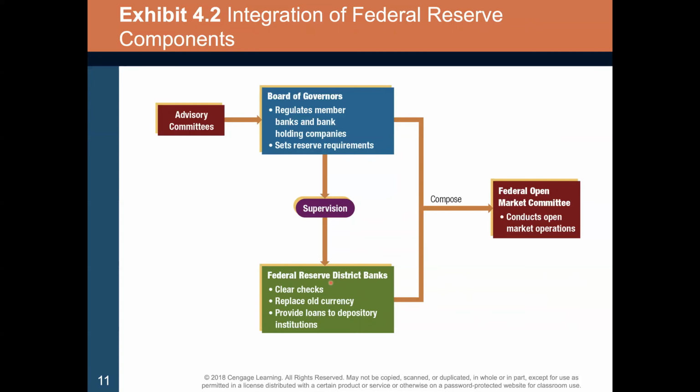Remember, there are 12 district banks, and these district banks clear checks, replace old currency, and provide loans to depository institutions. And between these two, we have made up the Federal Open Market Committee, FOMC, which conducts open market operations, which we'll discuss here in just a little bit. So we have the Board of Governors plus some of the members of the district banks.